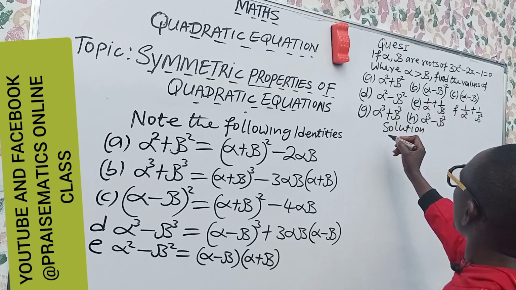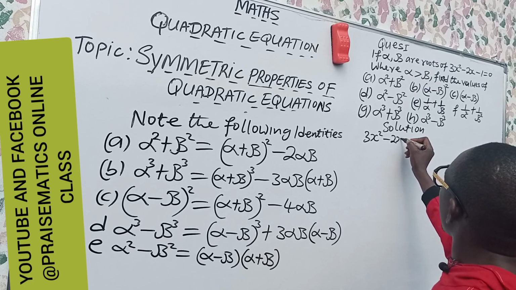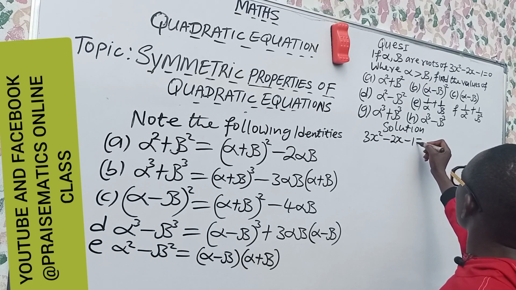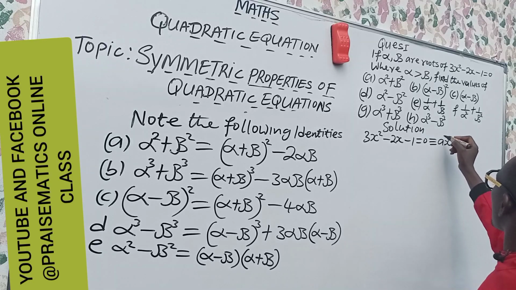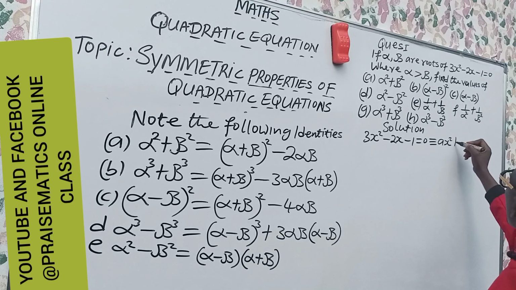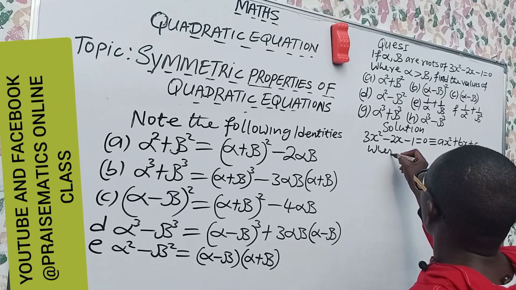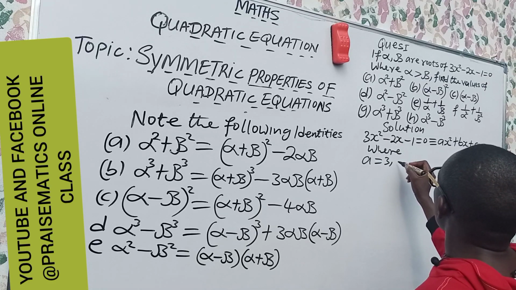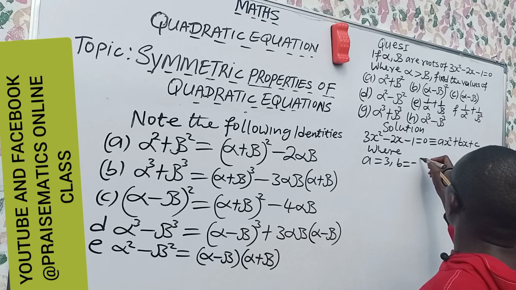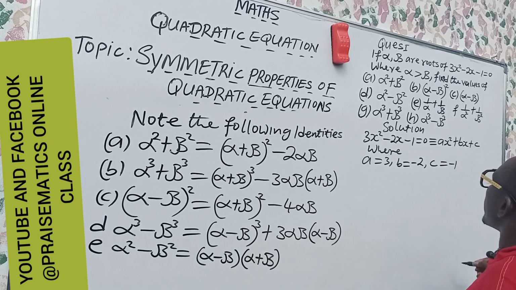From this place we have that 3x square minus 2x minus 1 is equal to 0 must be equivalent to the form of quadratic equation, which says that ax square plus bx plus c, where our a is equal to 3, b equal to minus 2, and c equals to minus 1.